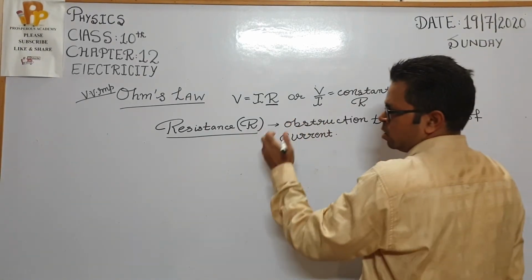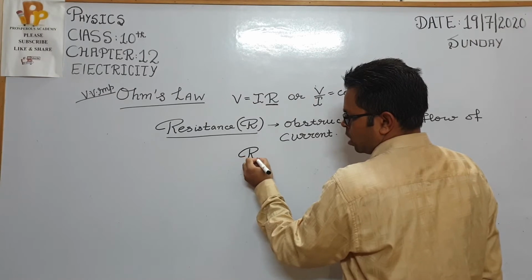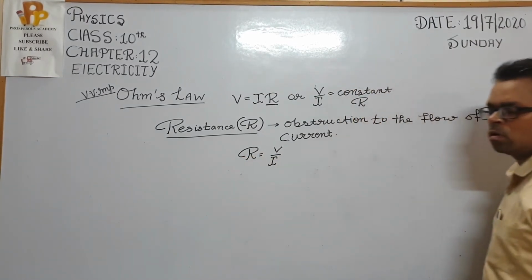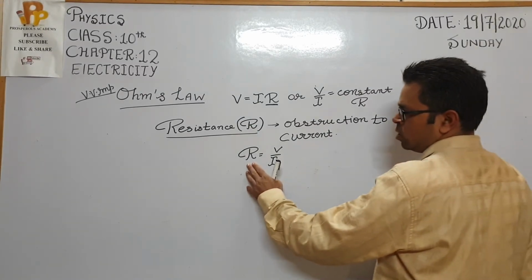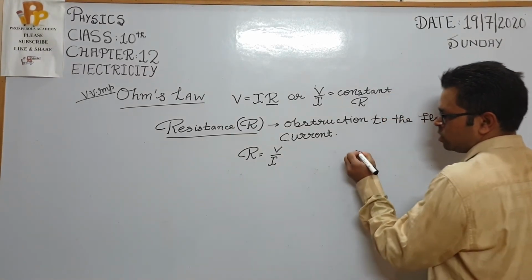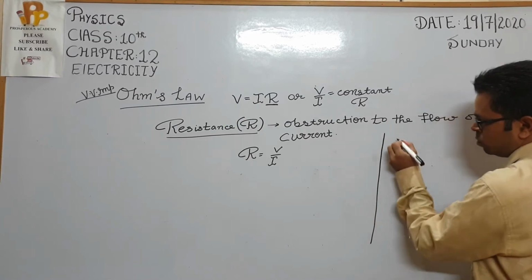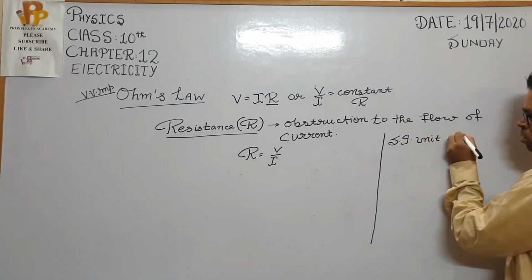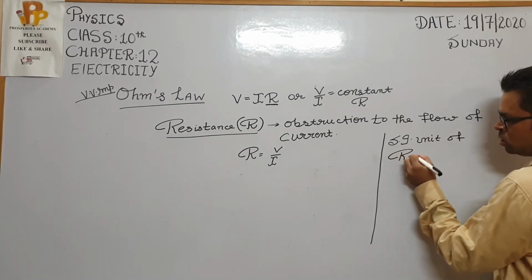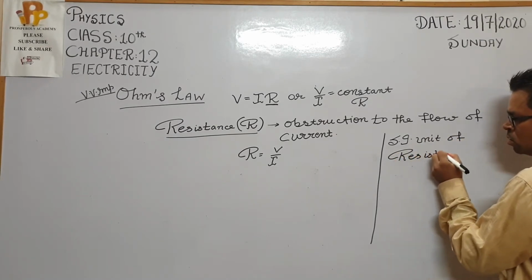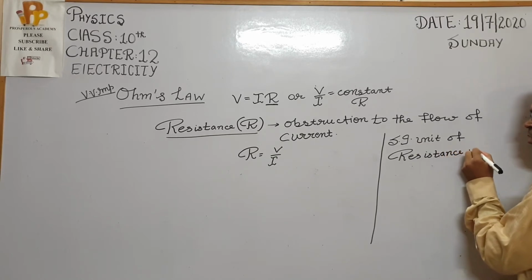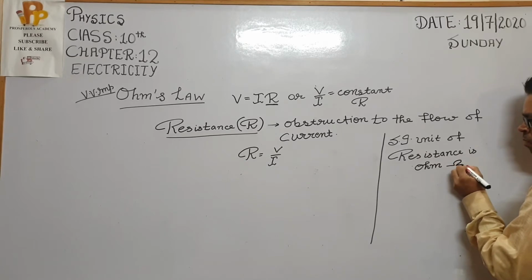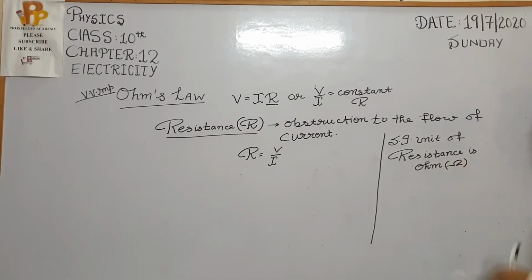Now बच्चे from here you get the formula R is equal to V upon I. And I already told you that the SI unit of resistance is ohm, represented by this symbol.